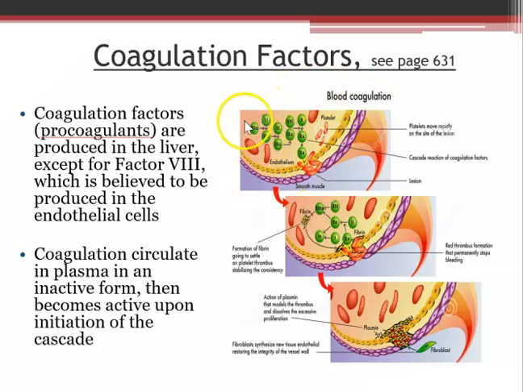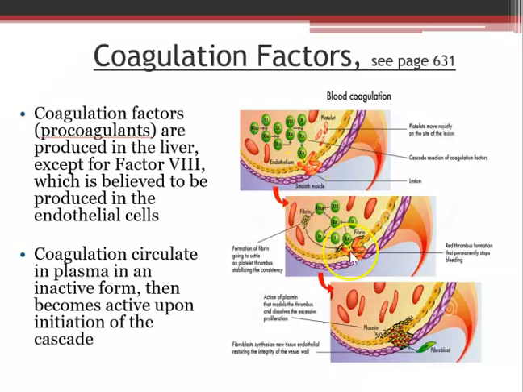If you'll look here, this image represents a cross-section of a blood vessel. You can see the smooth muscle on the outside lining of the blood vessel wall. You will see the endothelium lining the inside of the blood vessel wall. You'll see things like your platelets and also your coagulation factors in an inactive form within your plasma.